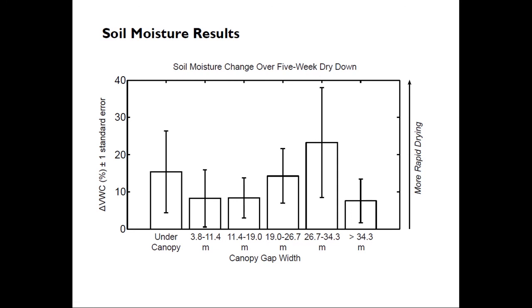This last category only had a few points in it, so I don't put a ton of weight on what actually happened there. But it does seem like we're giving some support to this idea that you want to have smaller to intermediate sized canopy gaps.